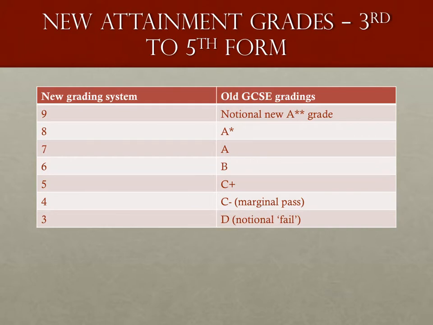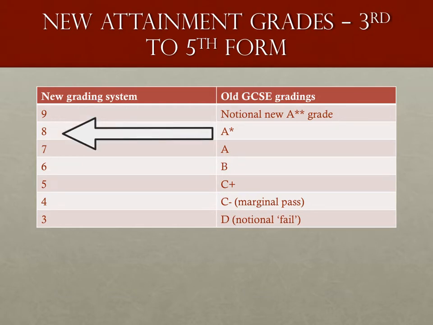Let's have a look using this brief diagram how the 9 to 1 grading system equates to the old A star to E system that many of you will be used to. The first thing to note here is that we have a new grade, the new 9 grade being a notional new and higher currency of double A star grade, which is different from anything which has previously been in existence under the old A star to E system.